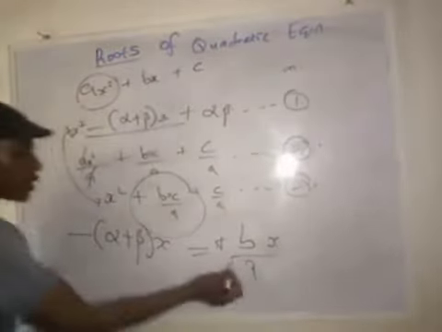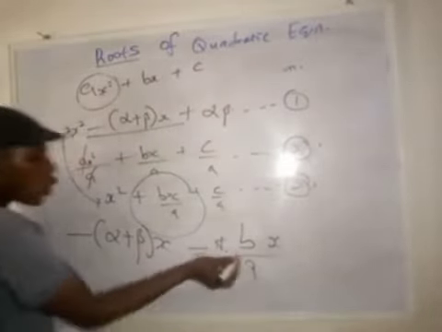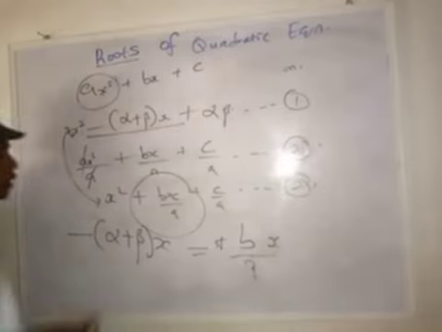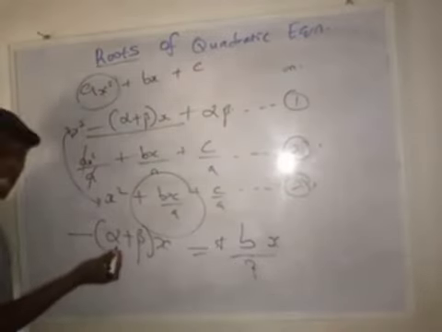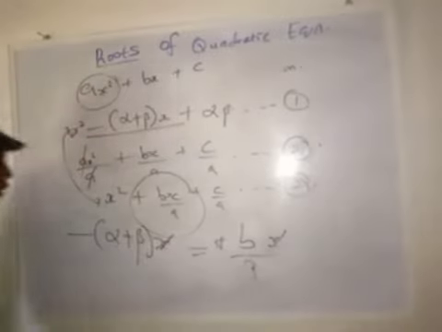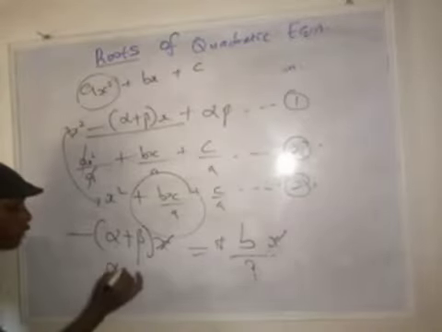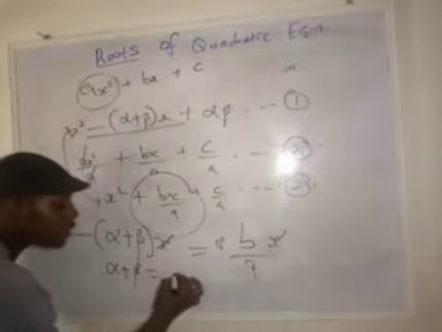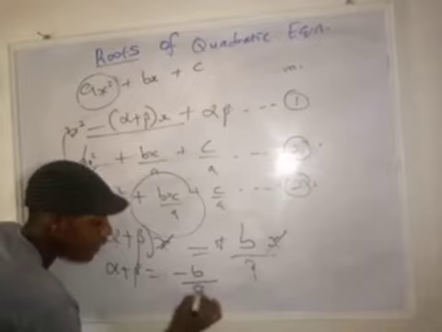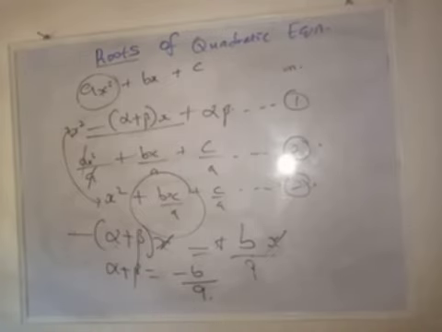Why am I equating these two? Because this is x and this is x, which means the coefficient of this x here must also be equal to the coefficient of this x here. Therefore, if I cancel out the x and take this minus to divide both sides, I'm going to say alpha plus beta is equal to minus b over a. Alpha plus beta is equal to minus b over a. That is the first expression.